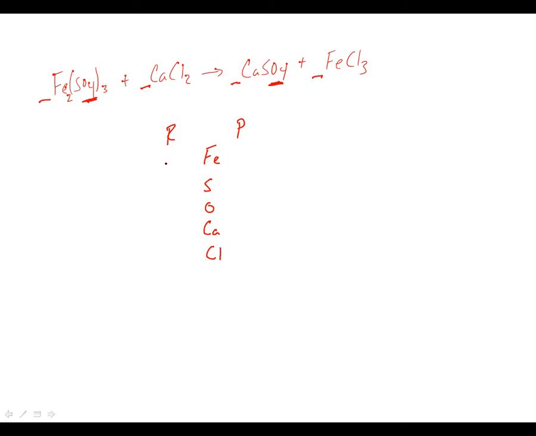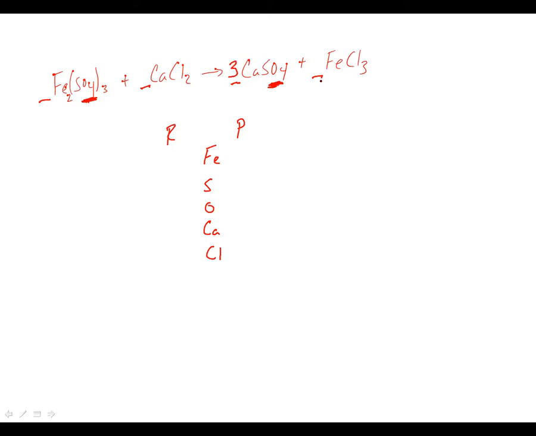So what I mean is, on the left-hand side here, we have 3 of the SO4 units. On the right-hand side, we have 1. To fix that, we can quickly put a 3 in front of it. That gives us 3 of the SO4s on each side, but it also gives us 3 calciums, which tells us where to go next.